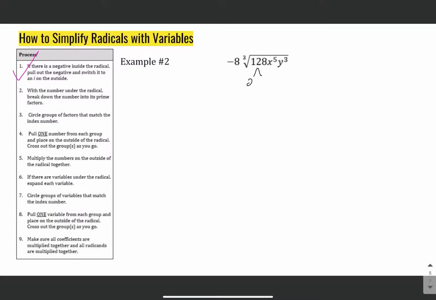So it's going to be 2 and 64. 64 can be broken down into 8 and 8 because that's a perfect square. 8 can be broken down into 2 and 4, and that's also going to be a 2 and a 4. And then 4 can be broken down into 2 and 2, 2 and 2.